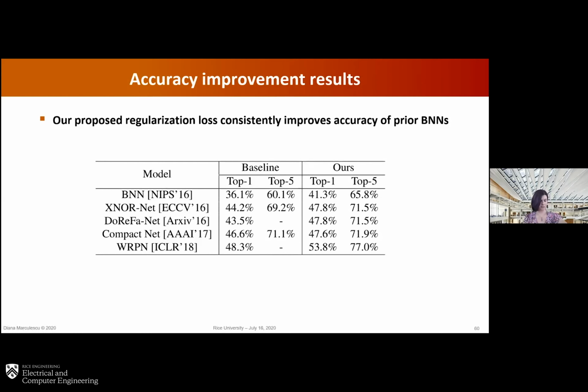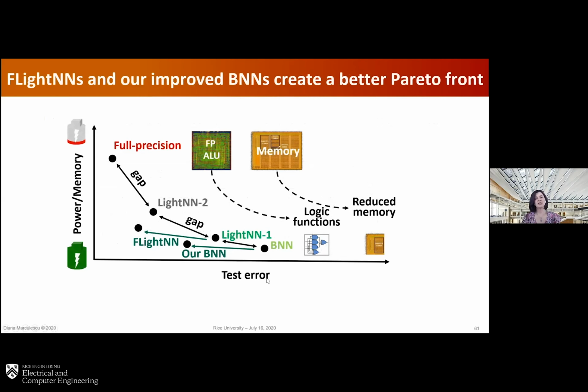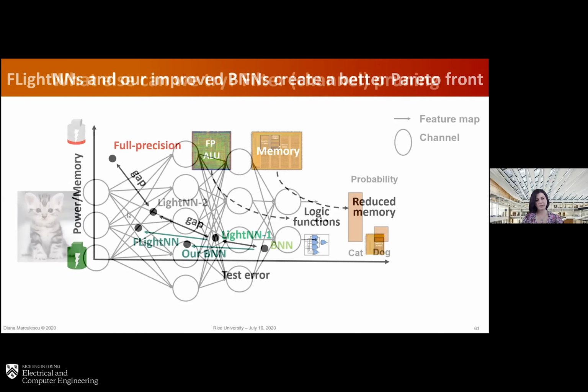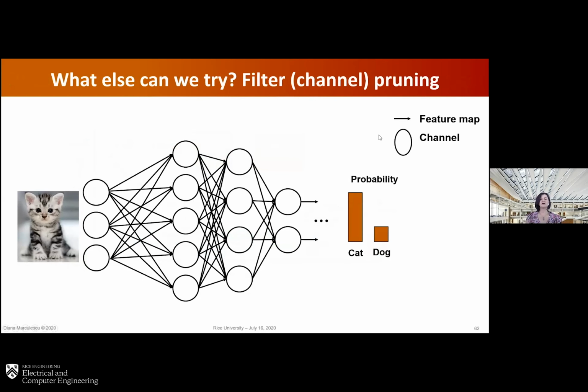And the last, and I think we have a few more minutes, so I want to talk a little bit about pruning. This pushed the Pareto front further here, but pruning allows you to change the requirements for your model quite a bit. So filter or channel pruning allows you to change the structure of the neural network by pruning away channels that do not impact accuracy quite a bit.